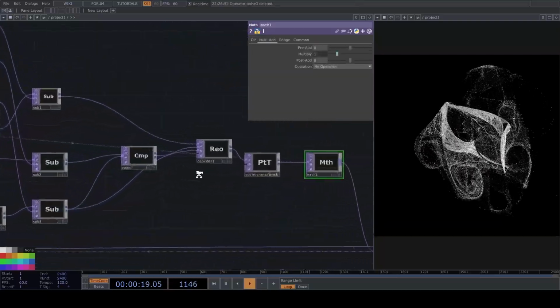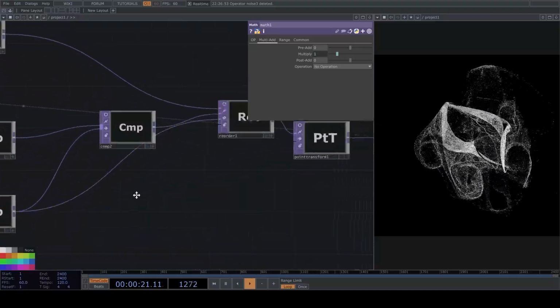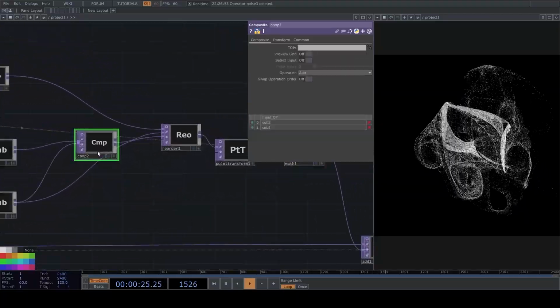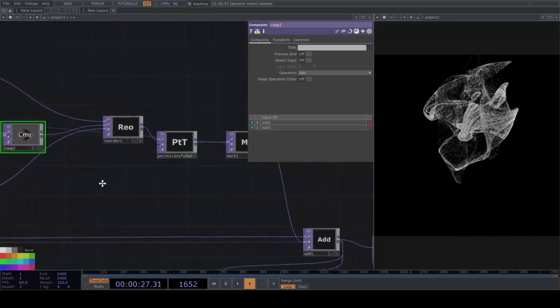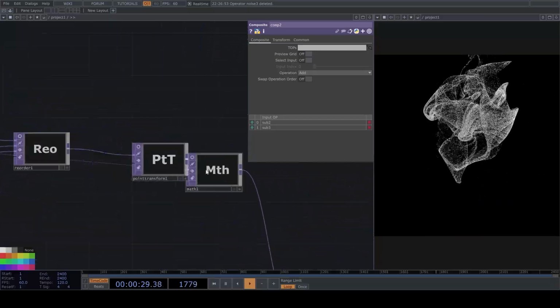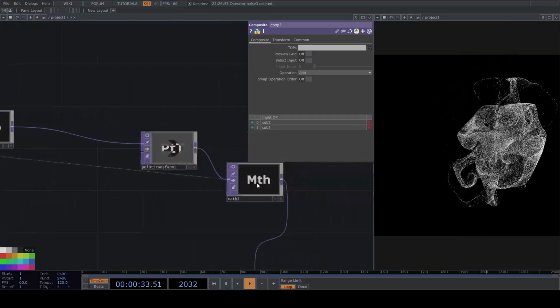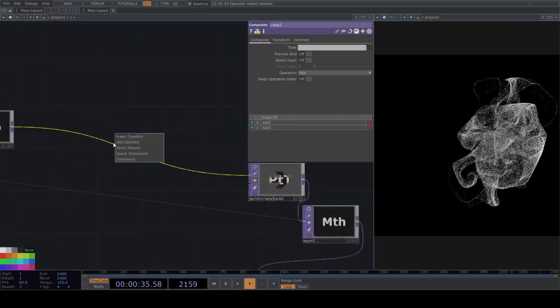Next, I just recently found, and this is very nice, I think, that you could get a very interesting look using the limit node here.